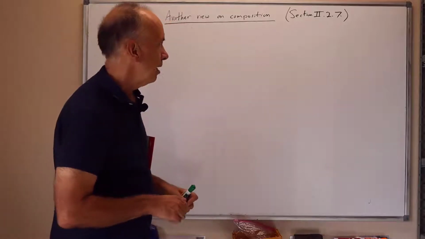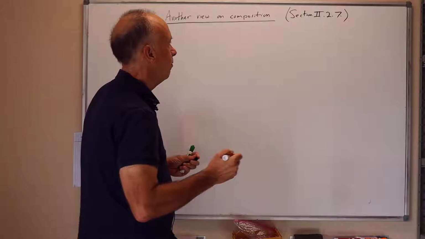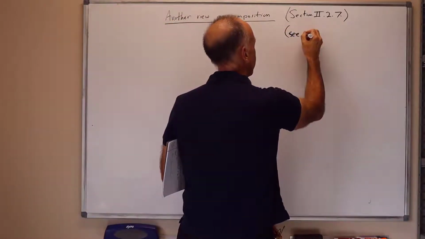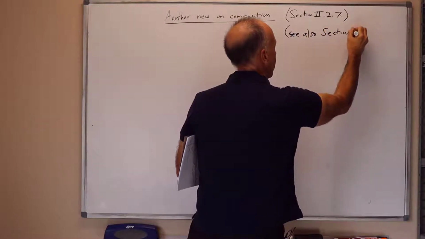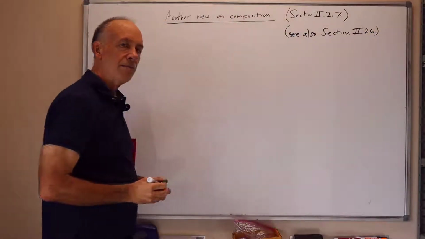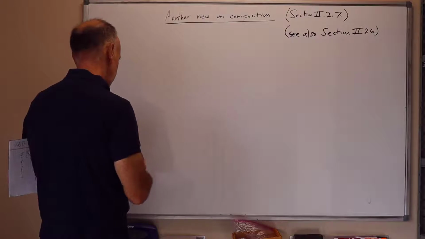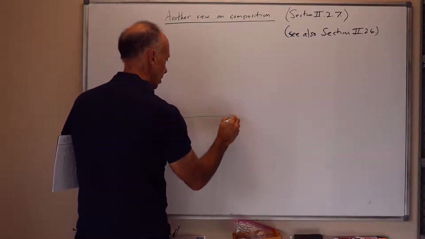The example is going to be based on an earlier video, also from an earlier section, so you can also see section 2.2.6, where the previous work was done. So in this earlier example, we had an F that was translated and rotated.